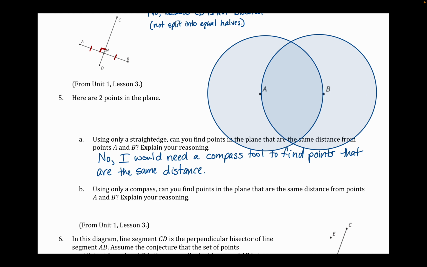I actually can find the 2 intersection points here. So, yes, I am able to. I'm just not able to find the set of all of them. That would require using a straight edge to connect those 2 intersection points. And that would be our perpendicular bisector.